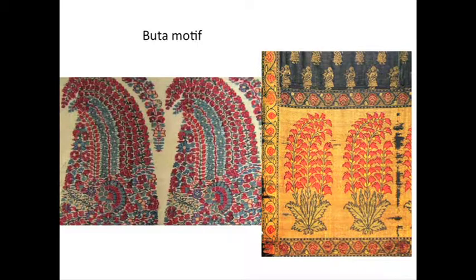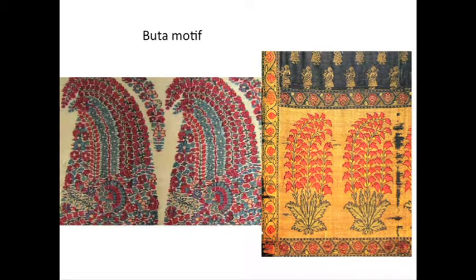And the word Buta actually is a Hindi-Urdu word meaning flower. So this is one of the major sort of motifs of Indian art, Mughal Indian art. And we find it in architecture, textiles, enamel work, jewelry, all manner of things.